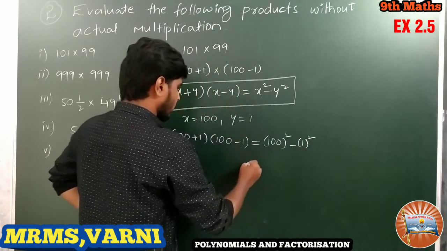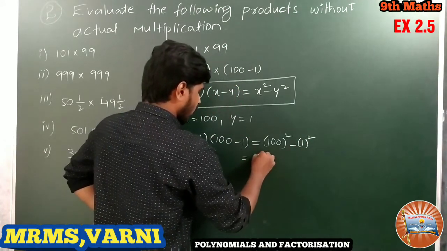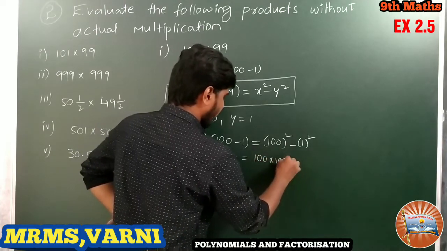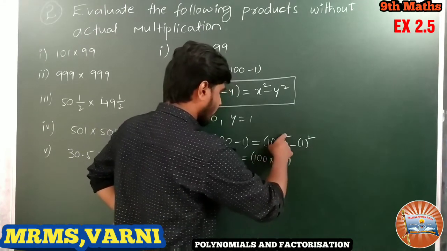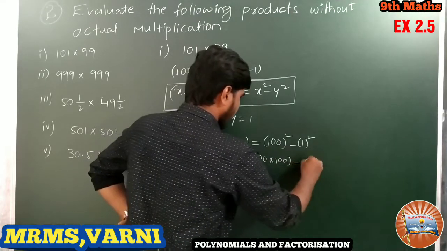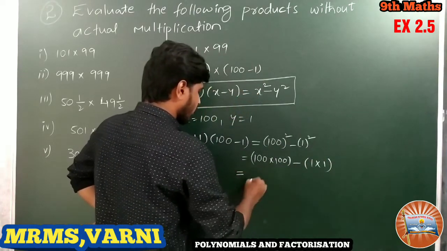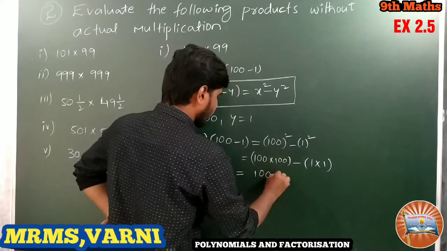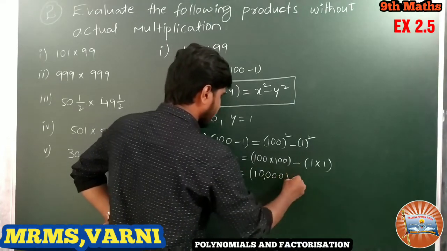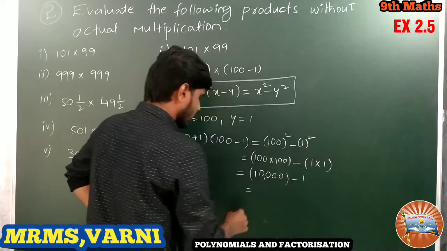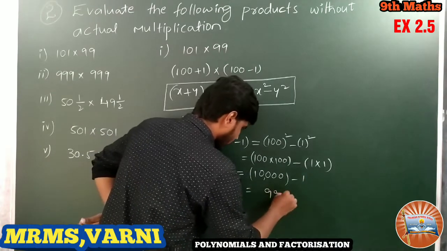So what is the value? 100 into 100, we can write this as 100 square, minus 1 into 1. This is nothing but 10,000 minus 1, which is 9999.